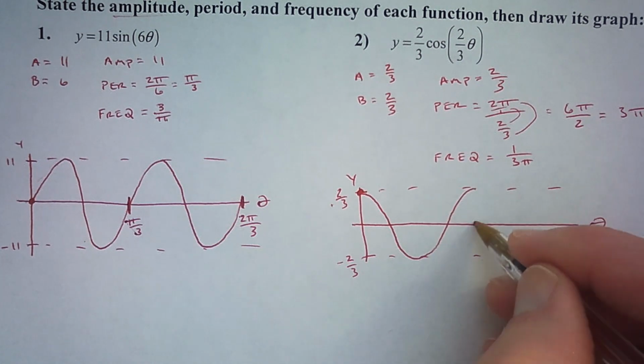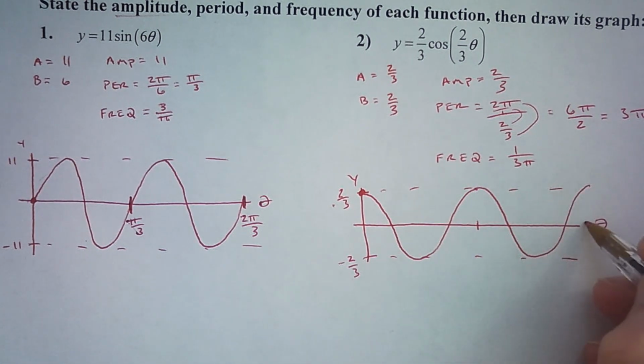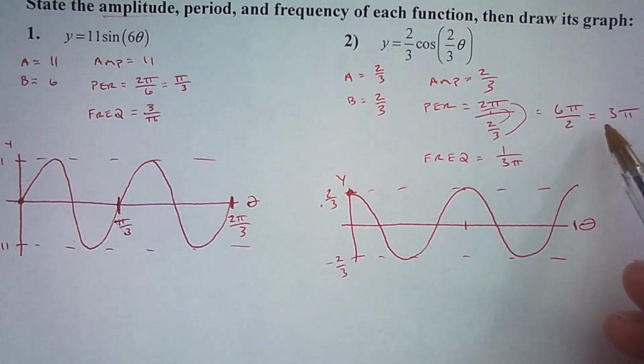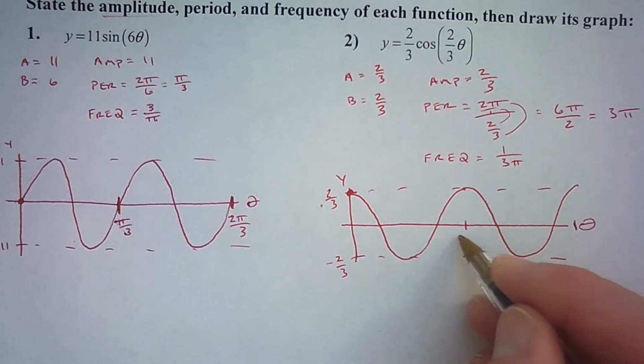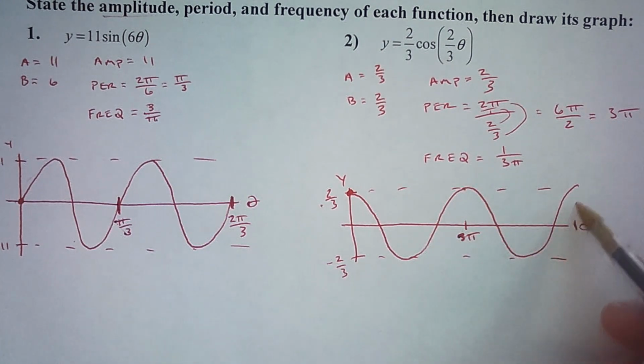And there is 1 cycle. And there is a second cycle. Okay, so a period is 3 pi, so it goes from 0 to 3 pi. And then before it repeats itself again, it's gone another 3 pi, which is a total then of 6 pi.